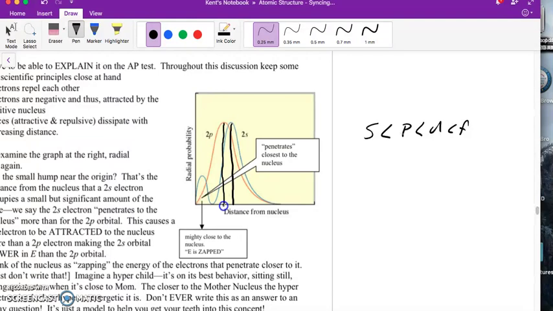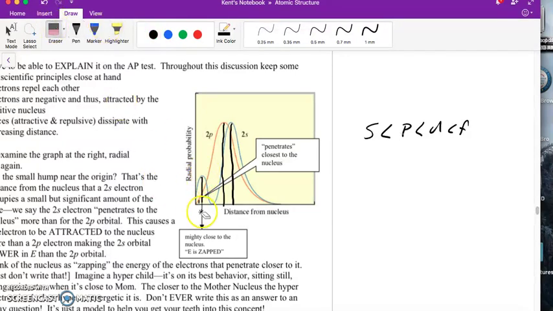Okay. However, there is this thing right here. Okay, this little bump on the graph. We do have higher probability of finding an S electron much closer in to the nucleus than a p electron. Okay, so there's like no probability of finding a p electron very close to the nucleus, or it's very low probability, and there's much higher probability of finding an s electron closer to the nucleus.